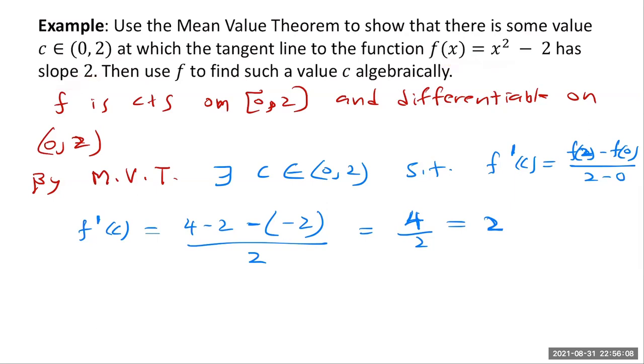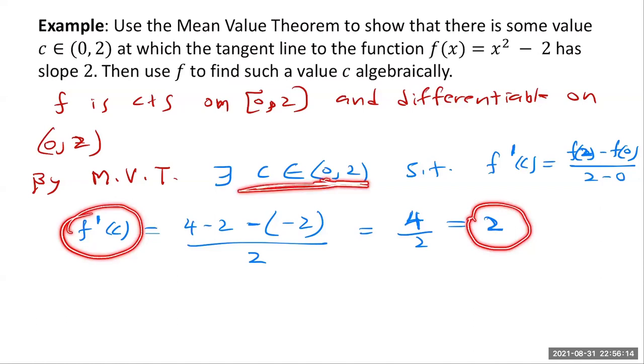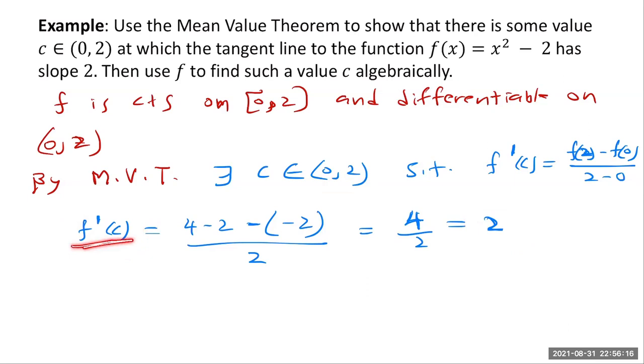As you can see here, f prime of c is equal to 2, and c is between 0 and 2. That means the slope of the tangent at x equals c is 2. That's what we were asked to prove.